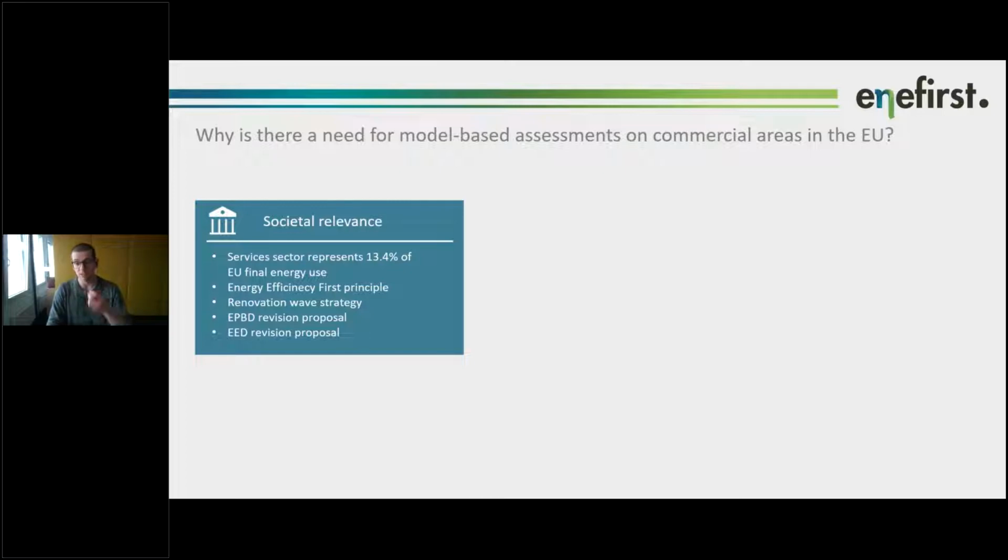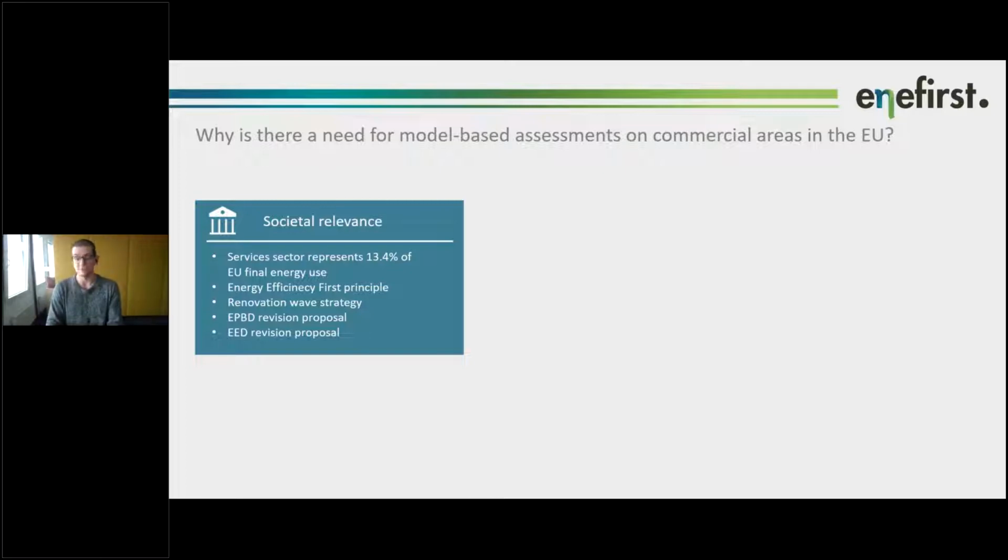In response, the energy efficiency first principle that Jean-Sébastien just introduced has been gaining some momentum lately in EU energy and climate policy. For example, in the Commission proposal for the recast of the Energy Efficiency Directive. In parallel, there are a lot of other activities, including the renovation wave strategy, of which the objective is to at least double the annual energy renovation rate of buildings by 2030 and to foster deep renovations in the building sector.